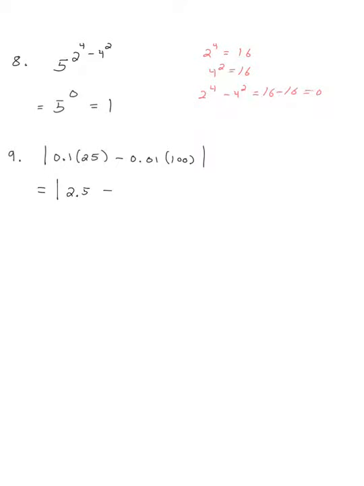And if I multiply 100 by 0.01, that is 1. The absolute value of 2.5 minus 1, I can still work on the inner portion of the absolute value. That's 1.5. And the absolute value of a positive number is precisely that value.